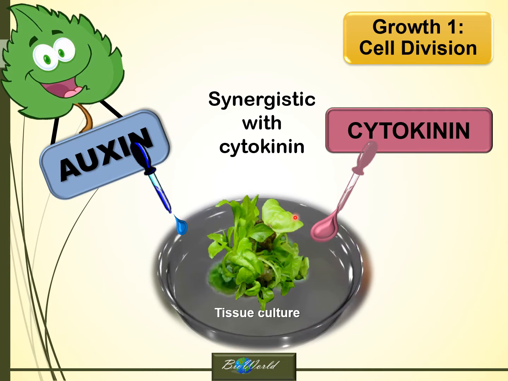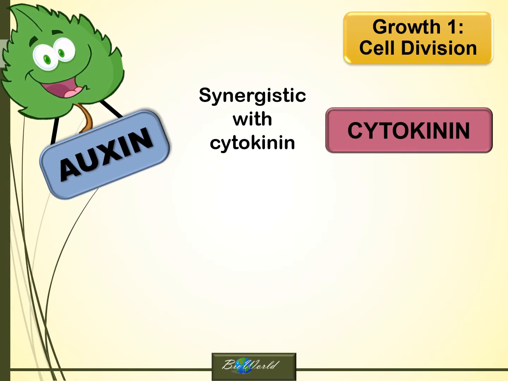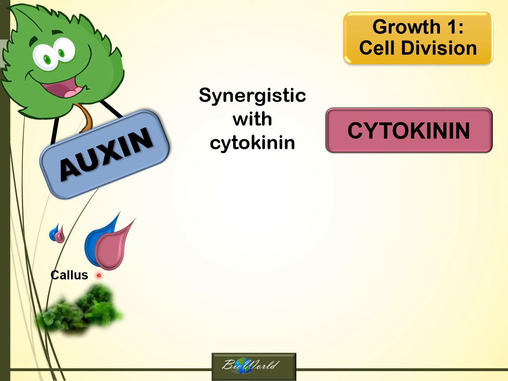So finally, in conclusion, what scientists found out was that if the concentration of auxin and cytokinin are equal, that is either they are both equally low concentration or they are both equally high concentration, the tissue is unable to do proper cell division and will remain as a callus.